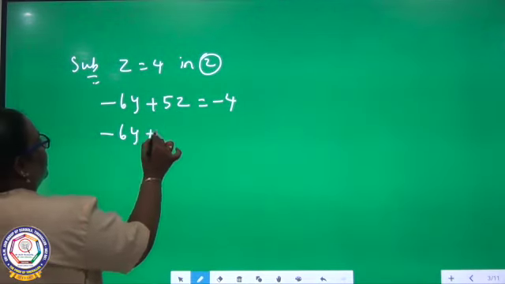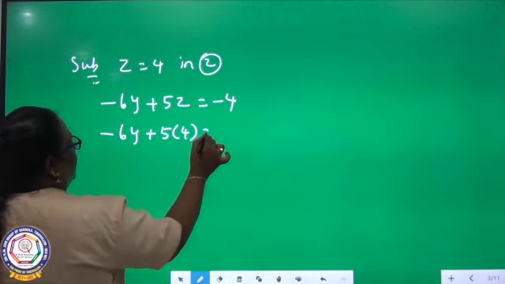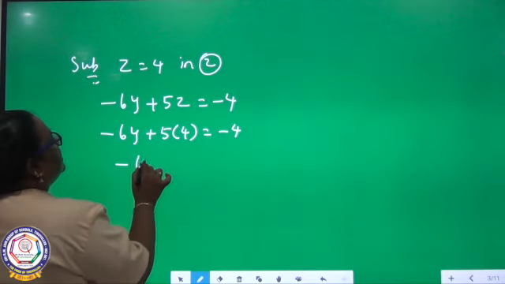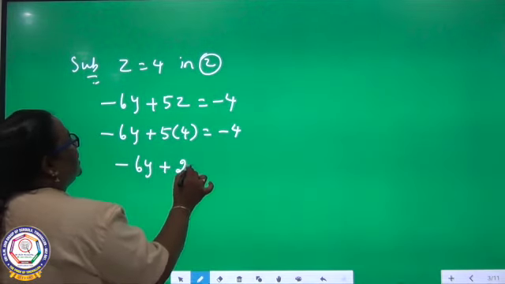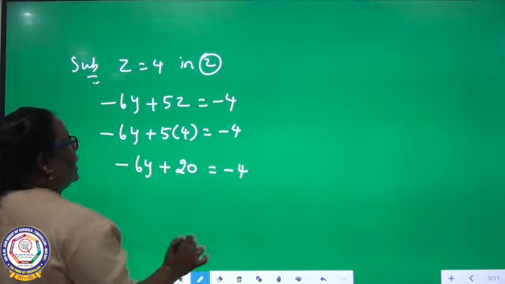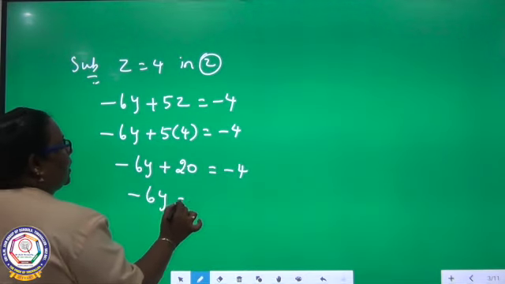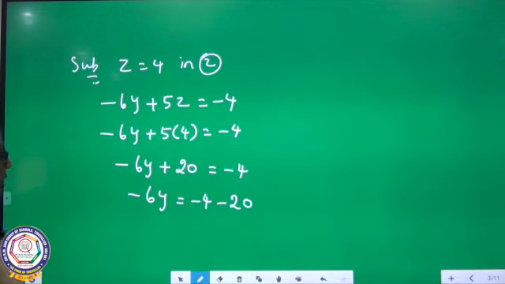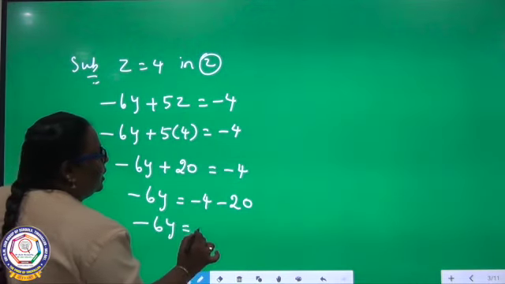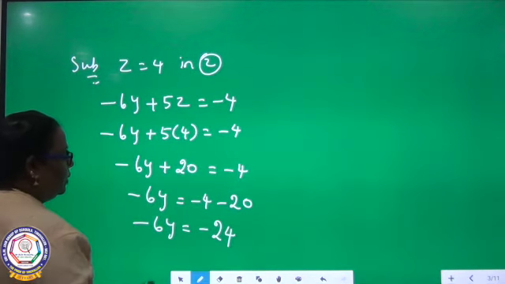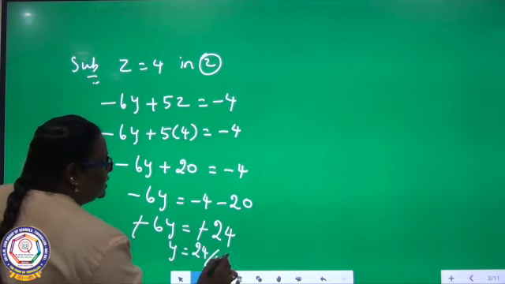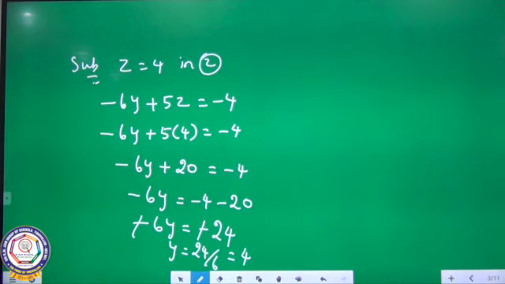Minus 6y plus 5 into 4 equal to minus 4. Minus 6y plus 20 equal to minus 4. Minus 6y equal to minus 4 minus 20, minus 6y equal to minus 24. Minus minus get cancelled. y equal to 24 by 6. The y value is equal to 4.